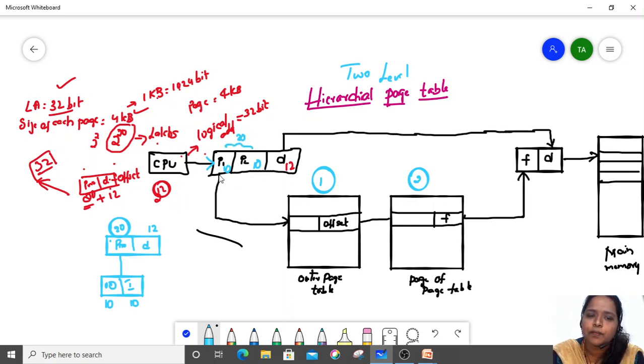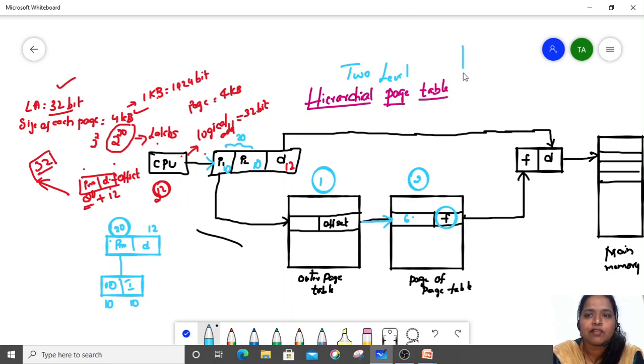Fine. So this P1 address is going to be the address for the outer page table. So in this outer page table, we find a particular page, and that page offset is going to be found in the second page table. So suppose sixth page, in the sense, the sixth page will come. In that second table, we find the particular frame number.